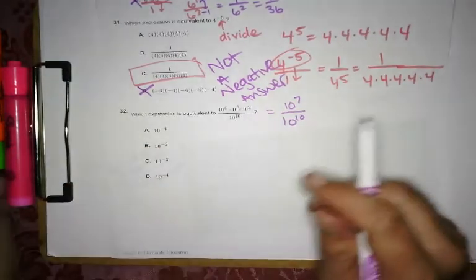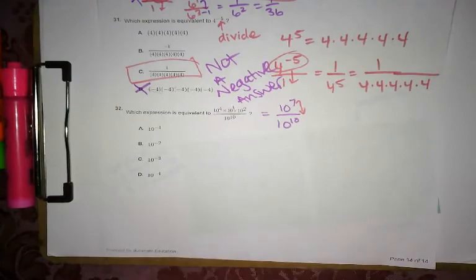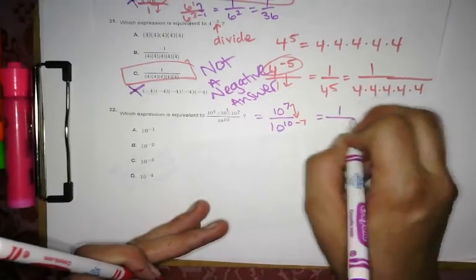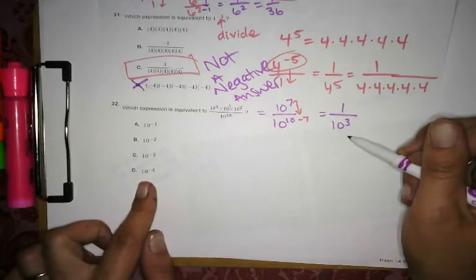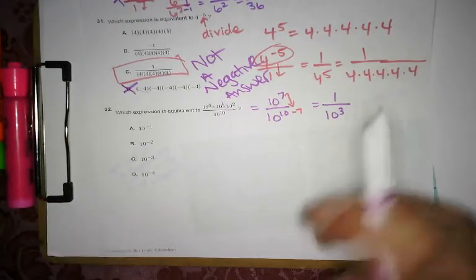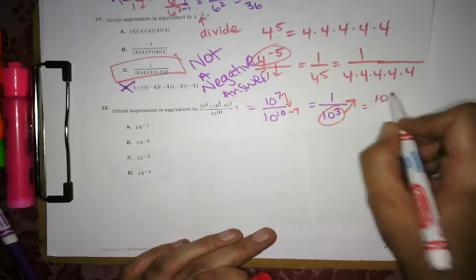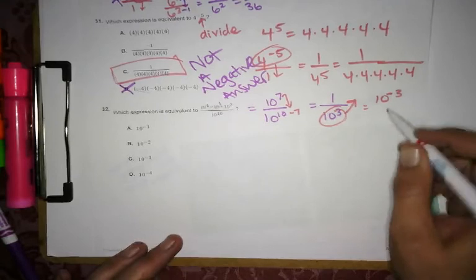And so again, if I have 7 on top and 10 on the bottom, I can take the 7 on top and subtract it from the 10 that are on the bottom. And I end up with 1 left over on top, 10 to the 3 on the bottom. You'll notice this answer isn't here, and they want you to write it as a negative. So the idea is that if you move this back up to the top, it'll switch to a negative, which would match this.